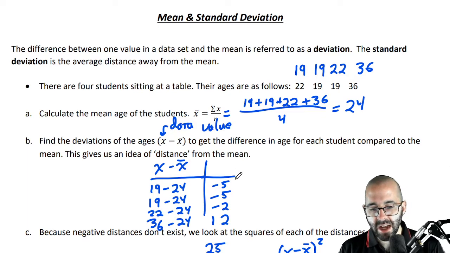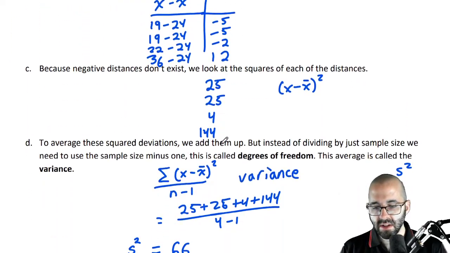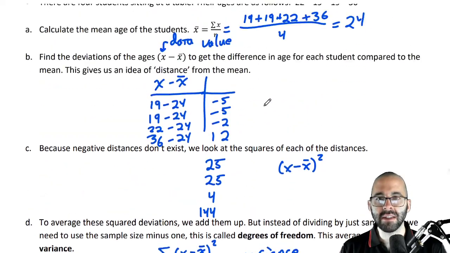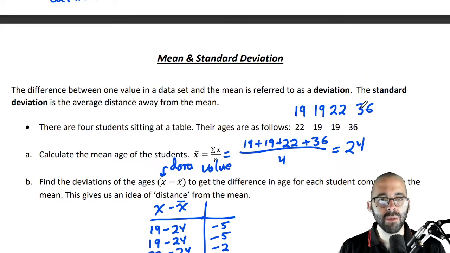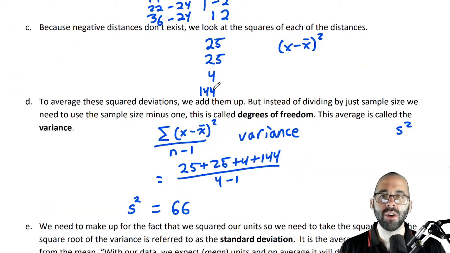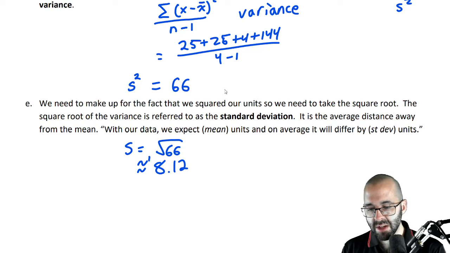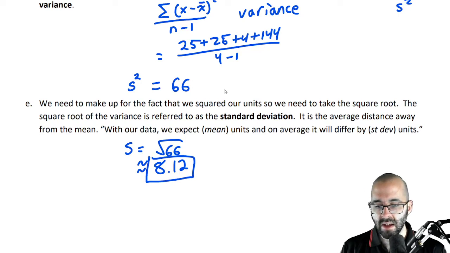And you can kind of see in how we constructed this, where that standard deviation is coming from. The further you are, like look at this 144, that's where a big bulk of the size of that standard deviation is. If we got rid of this 36 data point, this 144 would go away and our standard deviation would be much smaller. So this is just one way of measuring the spread, and that's standard deviation.